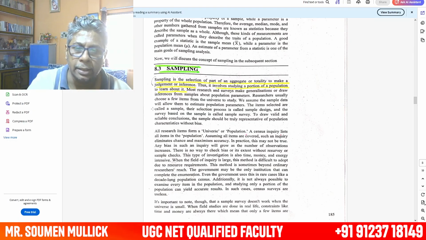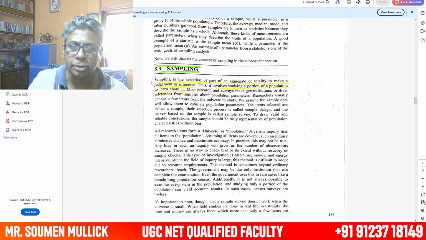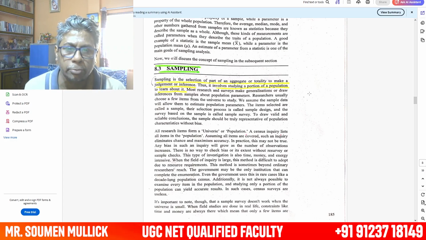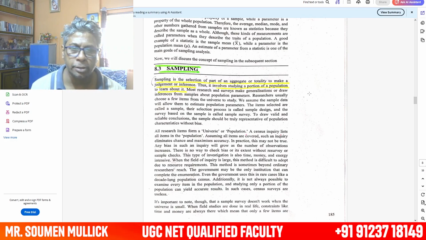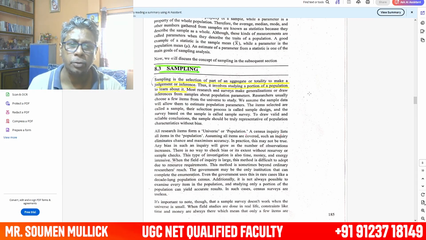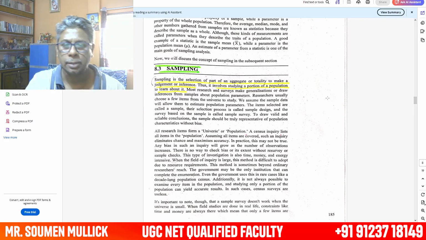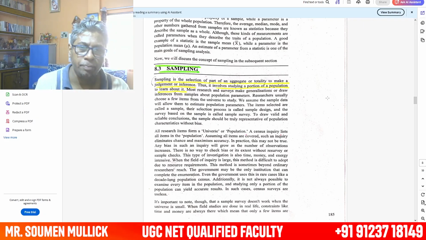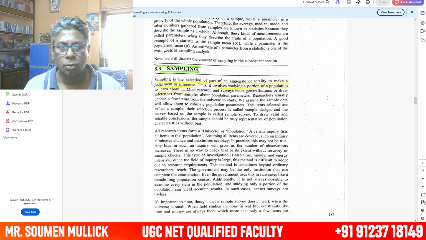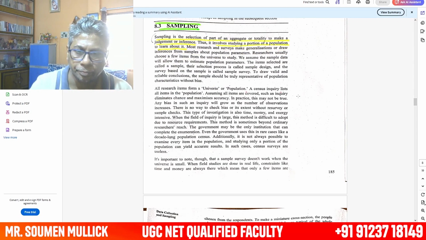Sampling is the selection of part of an aggregate or totality to make a judgment or inference. Thus, it involves the study of a portion of the population to learn about it. We will research or investigate that portion of the population.